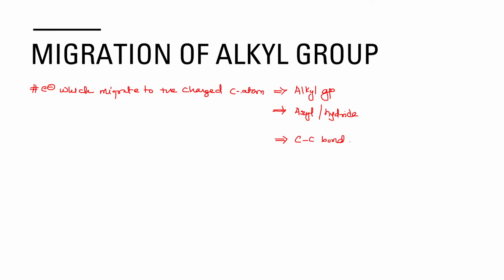So electrons which migrate to can be obtained from the alkyl group migration, aryl group or hydride migration, or carbon-carbon bond migration.